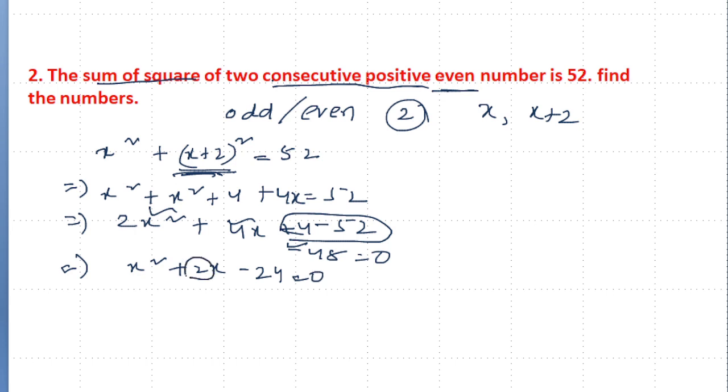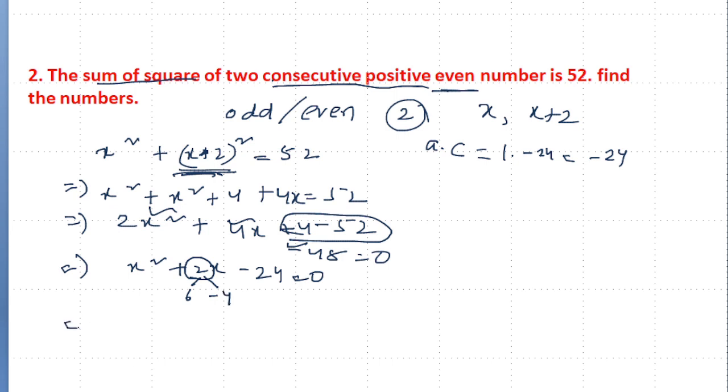Now split 2. a into c equals 1 into minus 24, equals minus 24. Now split 2 into such numbers whose subtraction is 2 and product is 24. So 6 and minus 4.